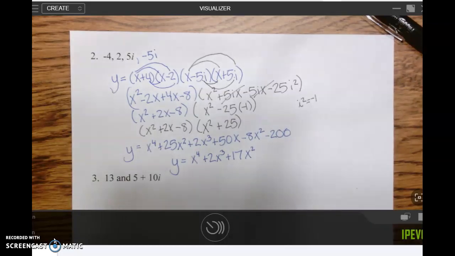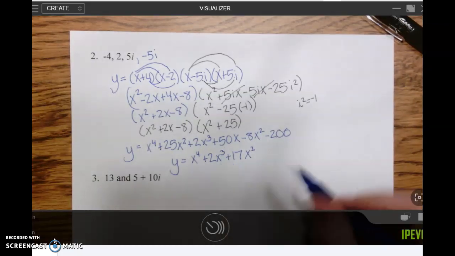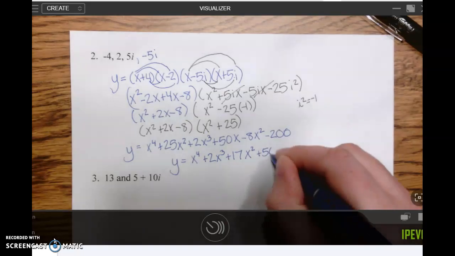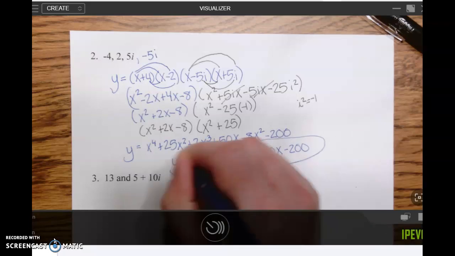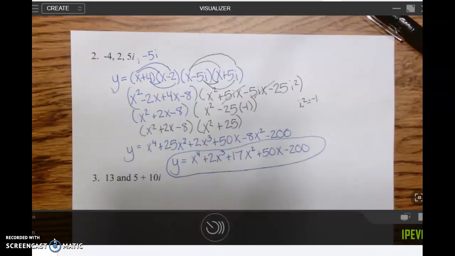Let's see, we've got our square terms. We have a positive 50x and a negative 200. All right. So that is number 2.